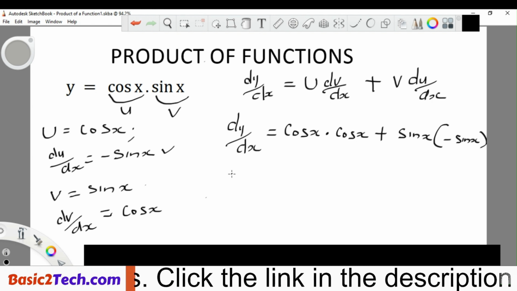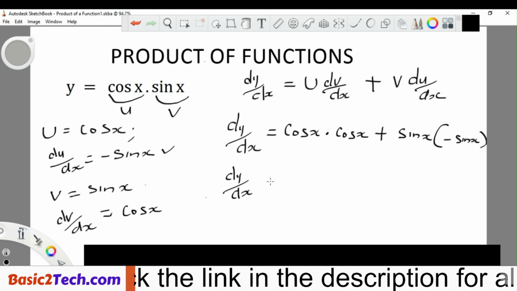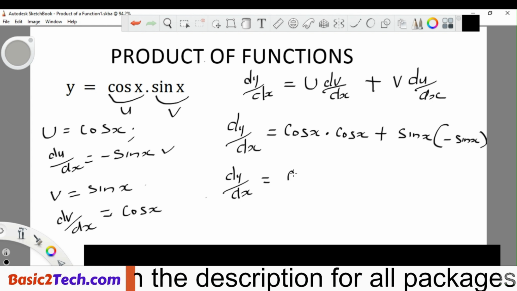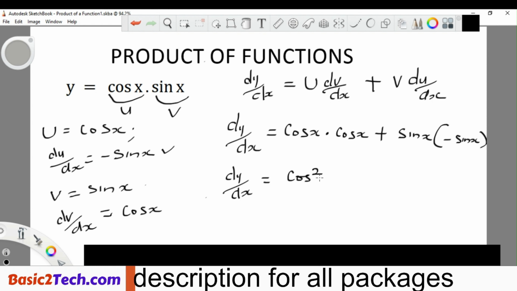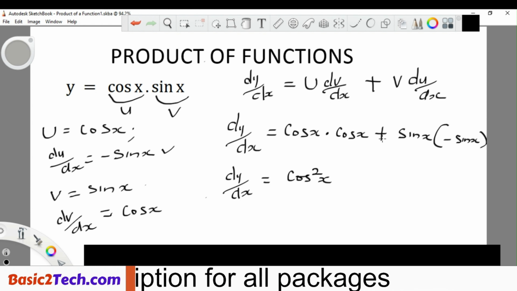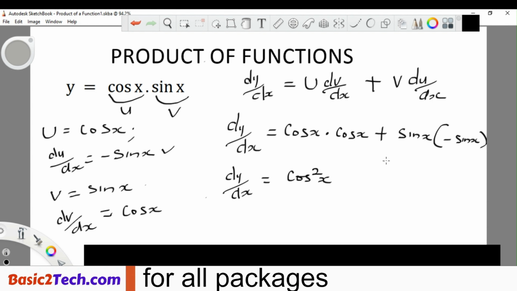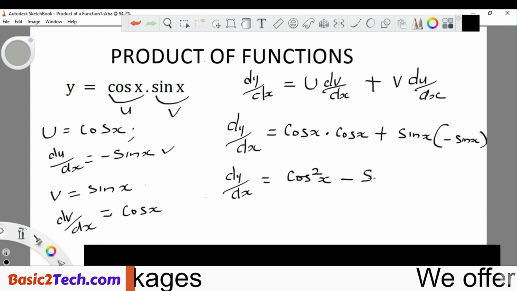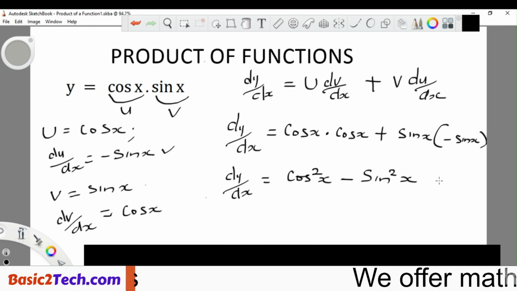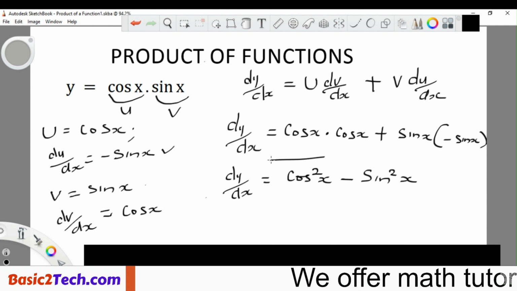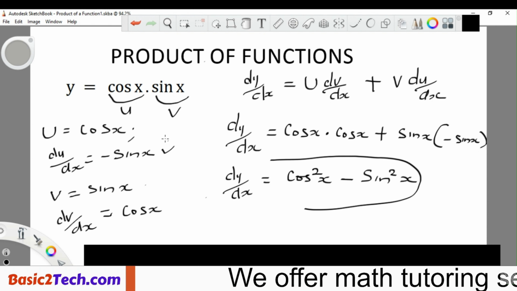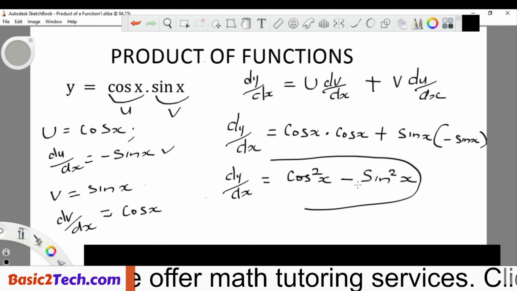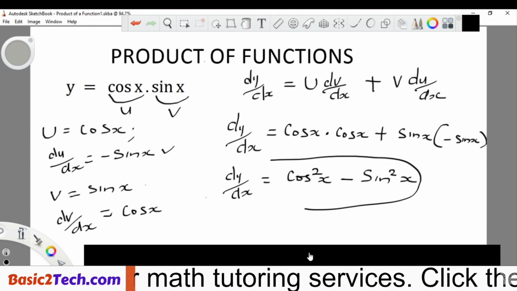So therefore, our dy/dx is equal to cos x times cos x will give us cos squared x. Now we have a plus and a minus. So a plus times minus is minus. Sine x times sine x will give us sine squared x. So this is our final answer. So when we differentiate cos x sine x, we get cos squared x minus sine squared x.